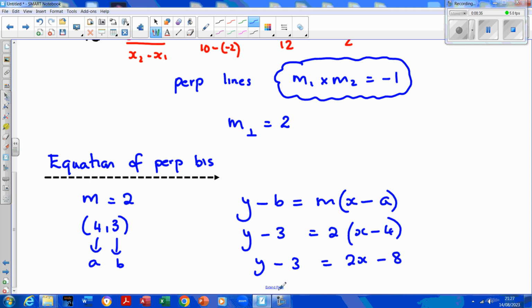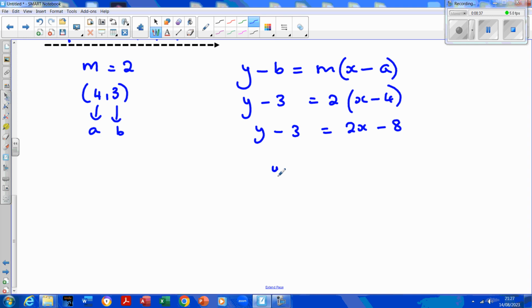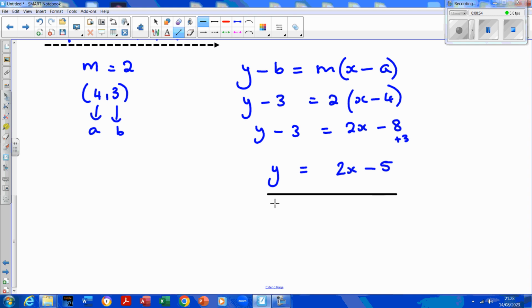We want to get that y equal to, so we're going to add 3 onto both sides. So y is equal to 2x, and when I add 3 onto that side, that's going to be negative 8 plus 3, so it's going to be negative 5. And that's the equation of your perpendicular bisector. You should always underline your answers so that it's clearly written out. Double line your final answer.